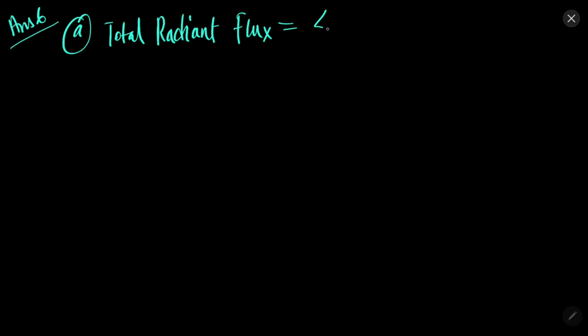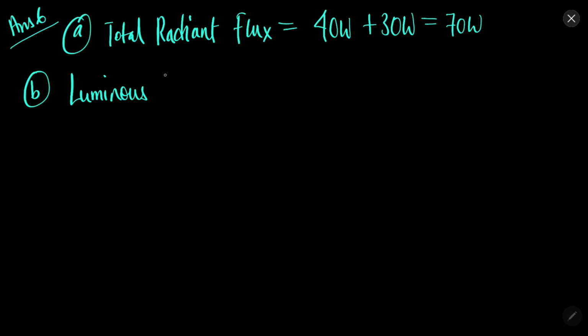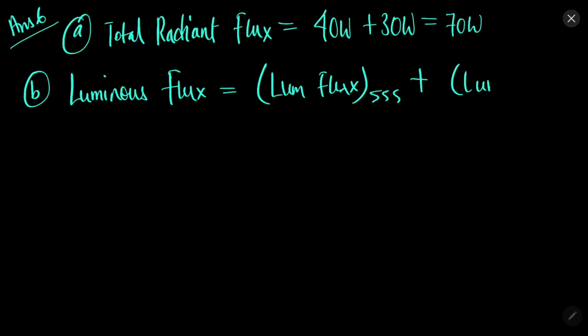What we have in the first part, we need to find total radiant flux. So total flux will be 40 watts plus 30 watts, that is 70 watts. Then luminous flux will be luminous flux of 555 nanometer and luminous flux of 600.